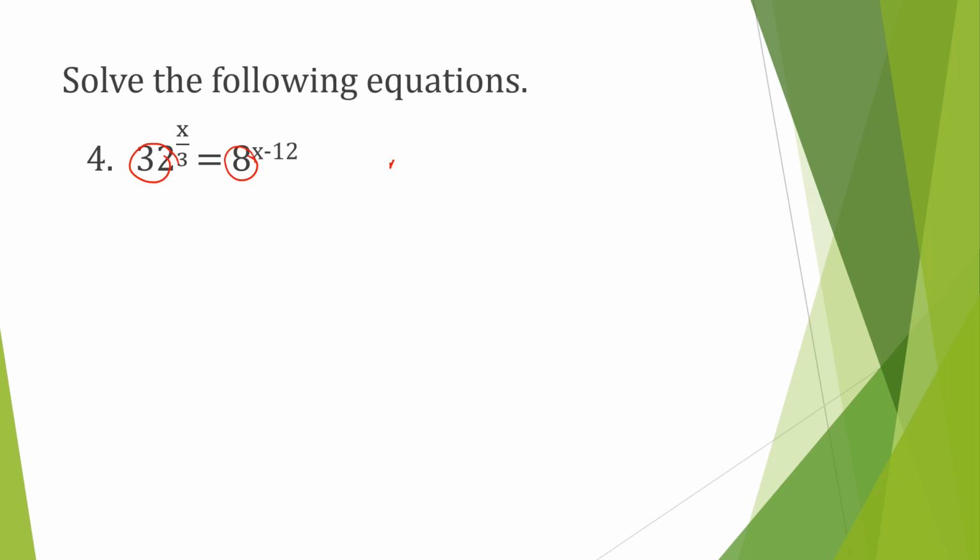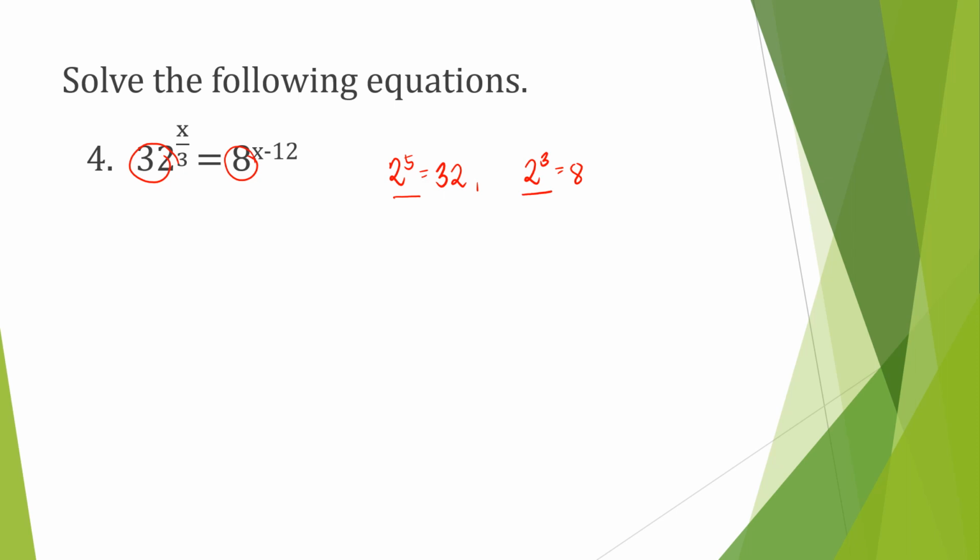We know that 2 raised to 5 is 32 and 2 raised to 3 is 8. Next, let us rewrite 32 as 2 raised to 5 and 8 as 2 cubed.